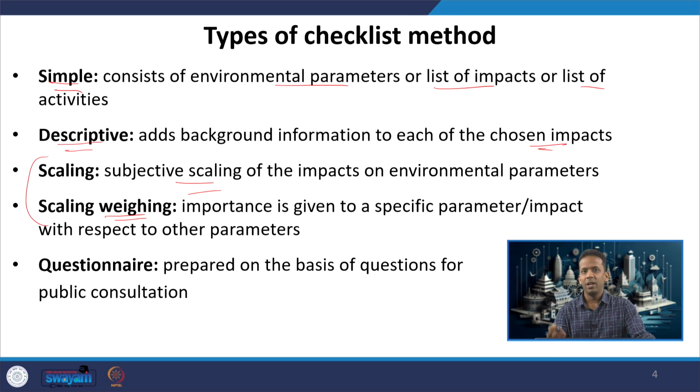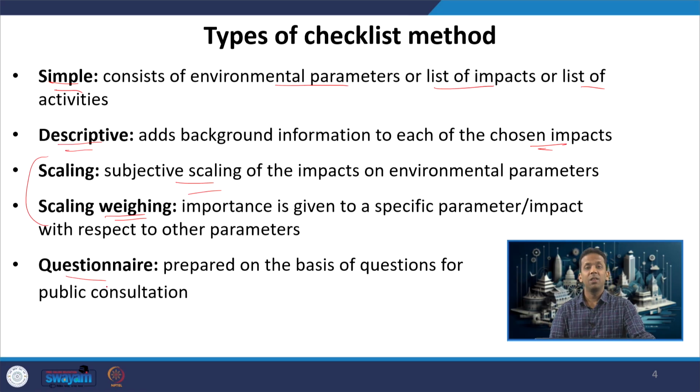So, it can be on a scale of say 1 to 9 or 1 to 100, or it can even be weightages in terms of percentages like 10%, 20%, 30%. Weighing means importance given to the scales or scores that we have already given to different environmental parameters.